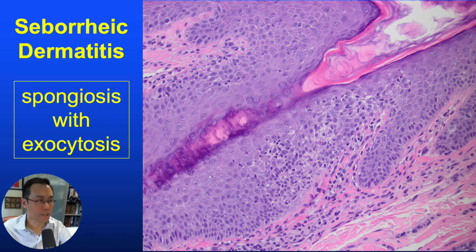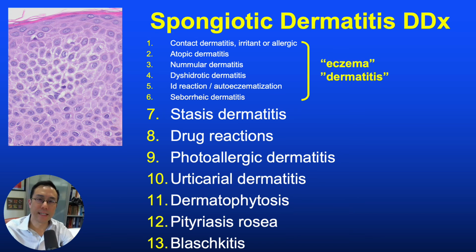The spongiosis is typically associated with at least some lymphocyte exocytosis. And so that rounds out the initial differential diagnosis for spongiotic dermatitis, all disorders commonly encountered clinically but only infrequently biopsied.